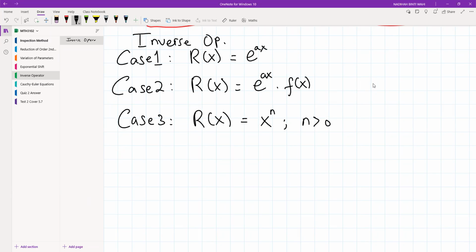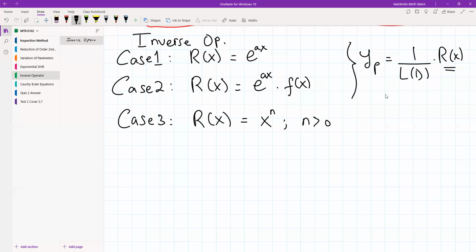So kalau saya boleh buat macam resolution lah, kalau saya boleh buat resolution, saya dah kata untuk yang dua case ni saya boleh dapat y particular sama dengan 1 over L of D darab dengan R of X. Right hand side can be e to the ax ataupun e to the ax darab dengan f of x.